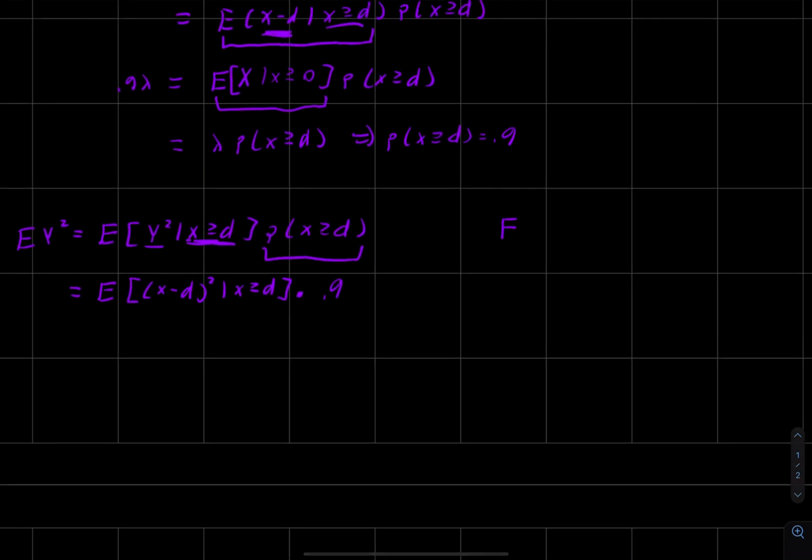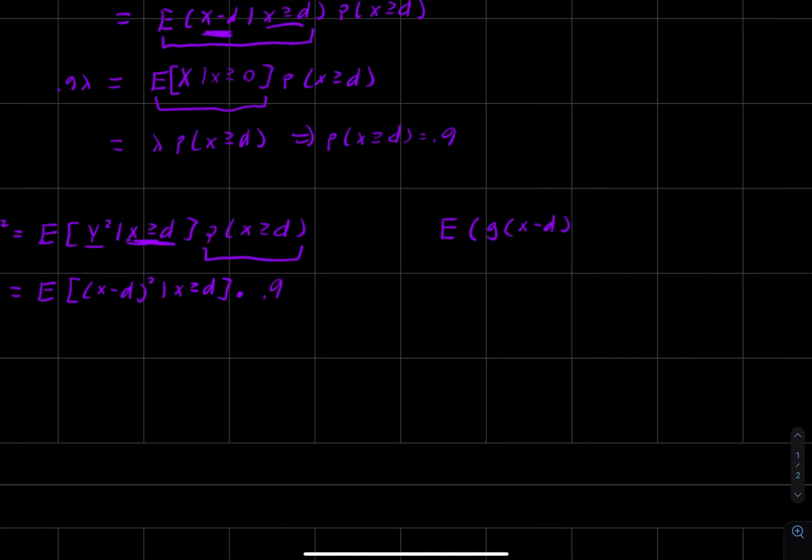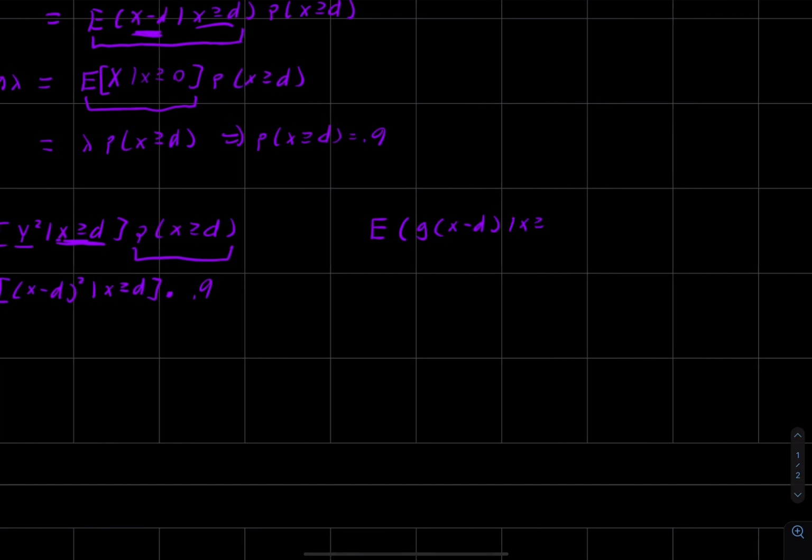The way that this works is that we can take any function g of x, and let's say g of x minus d, given that X is greater than or equal to d. This is always going to be equal to the expected value of g of x, given that X is greater than or equal to 0.